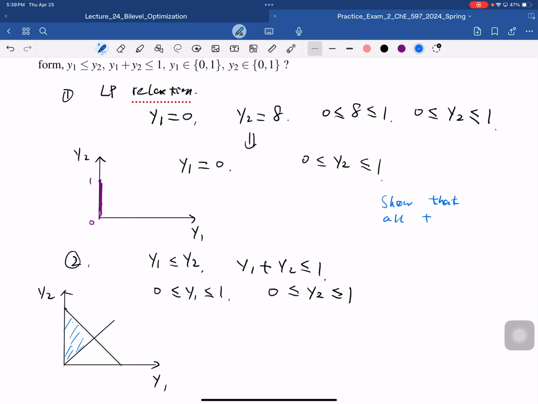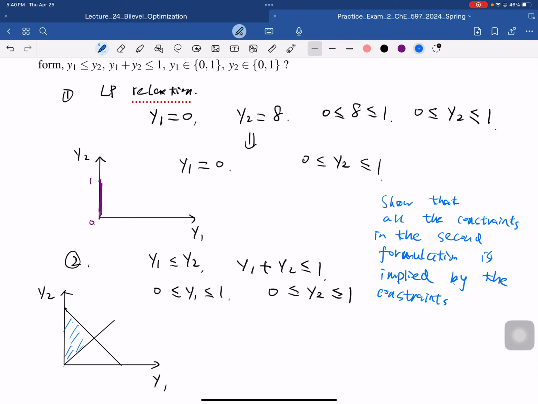all the constraints in the second formulation are implied in the first one.